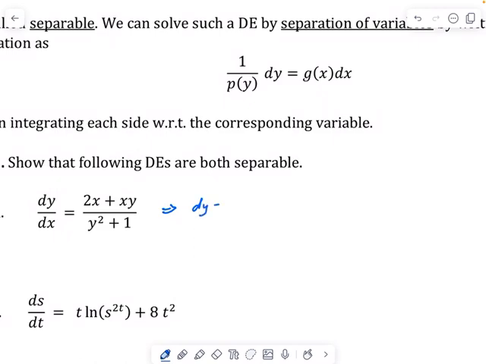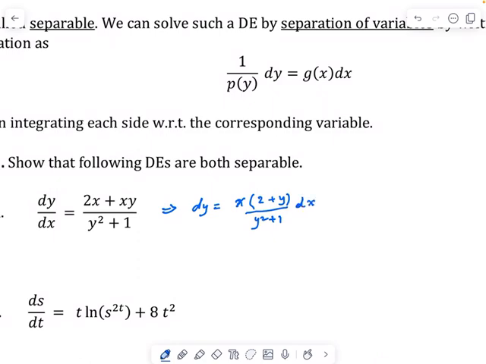So we can say dy equals 2, by the way, can you see x can be factored out? So let's do that. x times (2 plus y) over (y squared plus 1), and then dx.